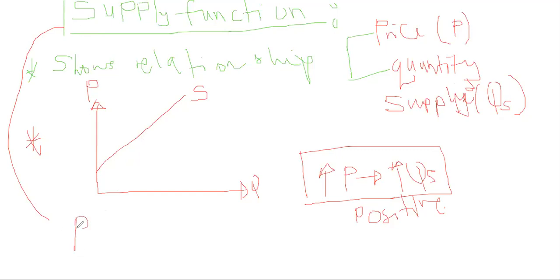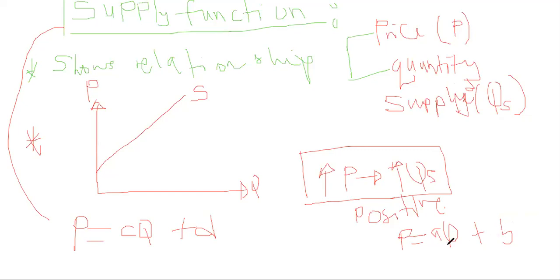We will have price equals C times quantity plus D. Remember, demand was P equals A times quantity plus B. So in supply the coefficient is C, while the coefficient in demand is A. The constant here is D, while the constant in demand is B. So don't mix them.